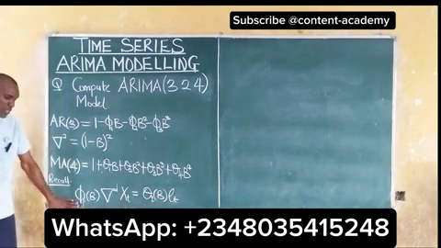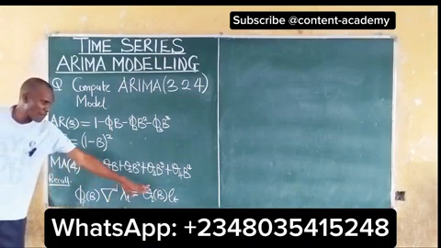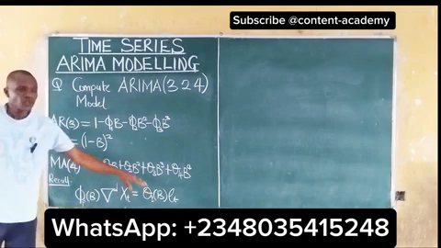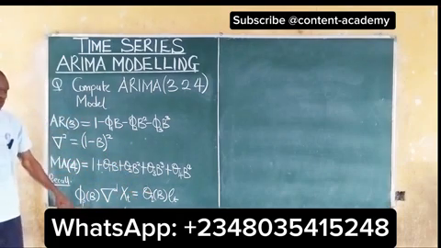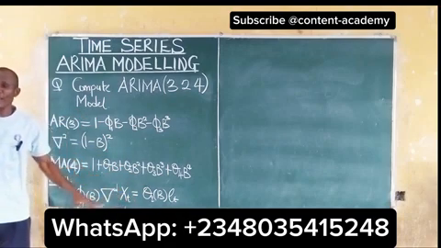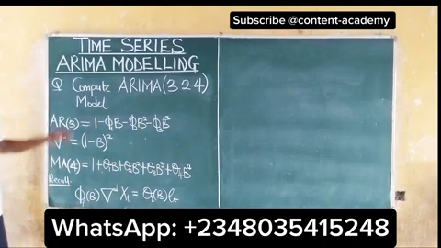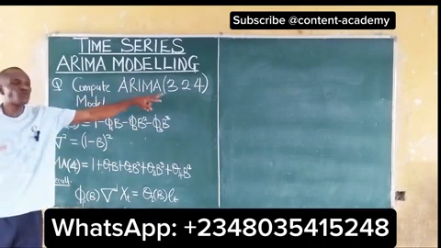So these are ARIMA models. Whatever we have here, we will write it in this form. When we write it in this form, it means we have found the model for ARIMA 3, 2, 4.